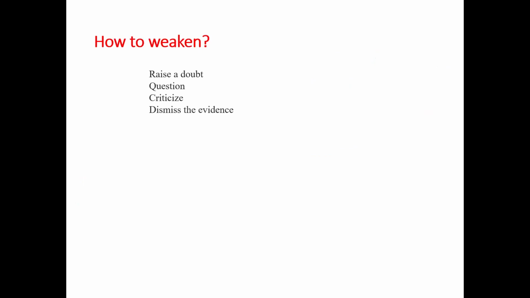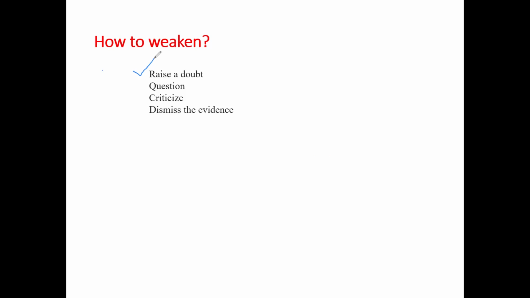So whenever you want to weaken, we can apply different strategies. The strategy is simply you can raise a doubt. By raising a doubt, you can weaken that point. For example, I said, Aditi, by simply preparing for 15 days with me, you can score 700.